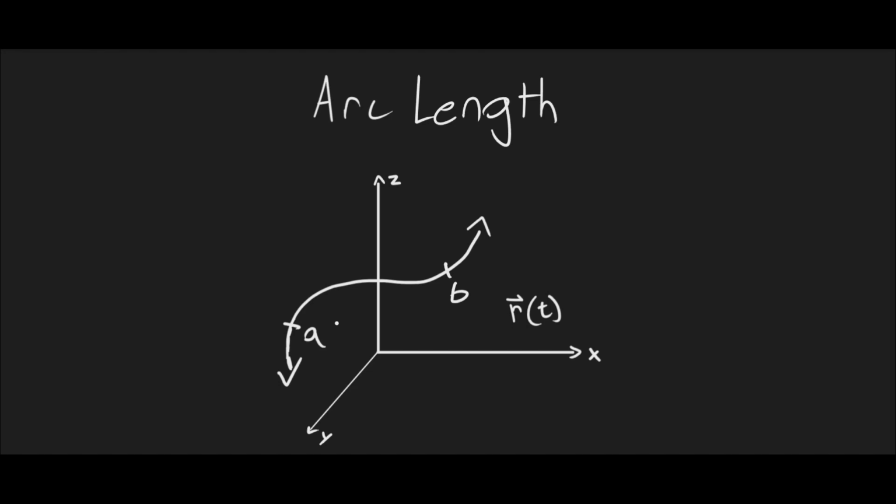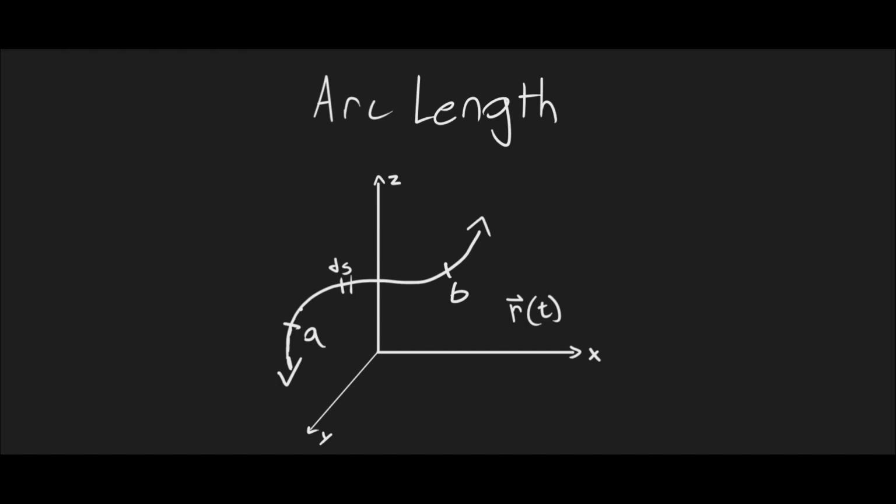To do this, we're going to divide the curve into very small pieces, and what happens is that as you divide the curve into smaller and smaller pieces, they become straighter and straighter, and when you divide it into infinitely small pieces, they become a straight line, a little line segment.